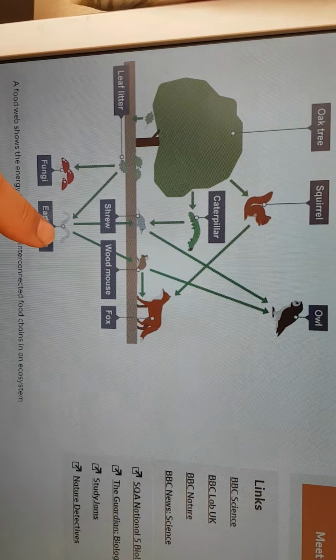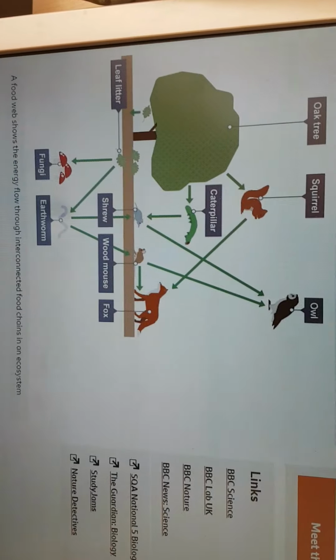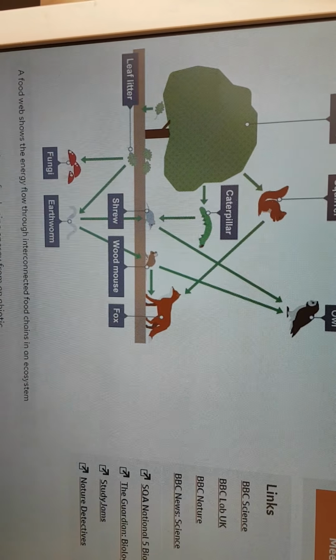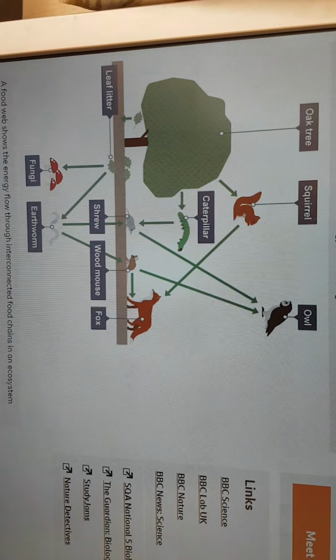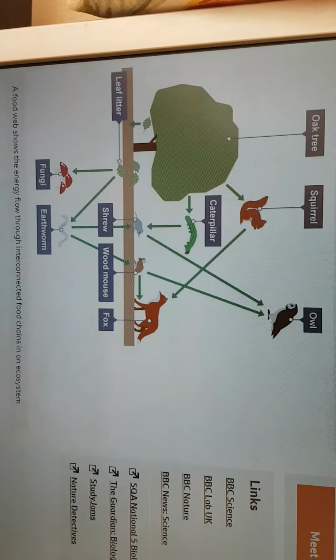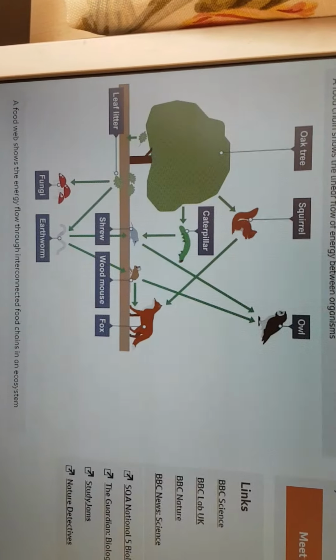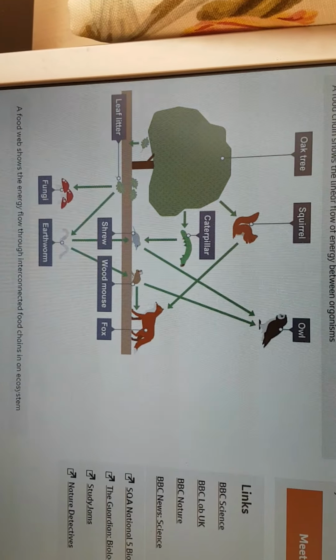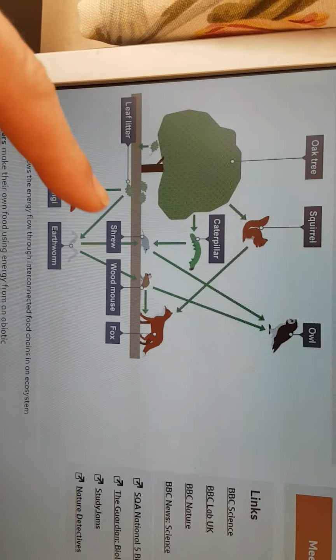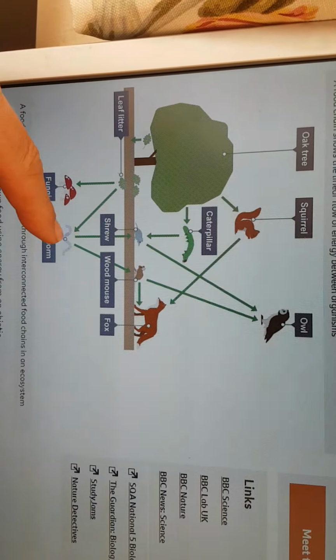The role of the earthworms is similar: to eat dead leaf matter, recycling the nutrients as well. So it's almost like the role they play in helping to make sure the ecosystem continues on a well-balanced basis. You might think it's strange to say a shrew's role is to eat the earthworms.